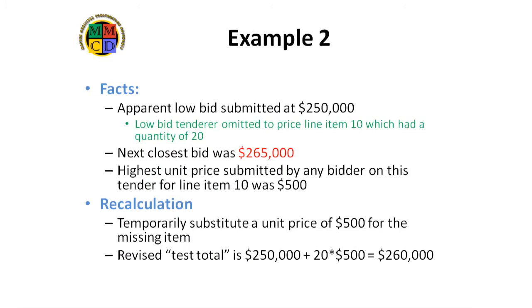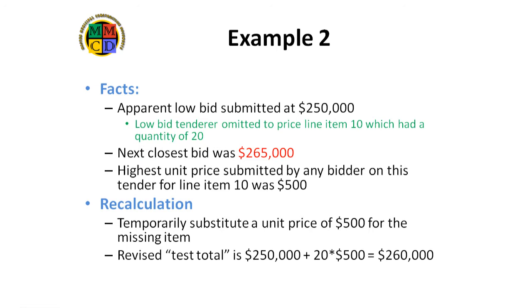Now, in example 2, everything's the same except that the next low bid is $265,000. What happens now? Let's review the facts. The apparent low bid was submitted at $250,000. The low bid tenderer omitted to price line item 10, which had a quantity of 20. The next closest bid was $265,000.